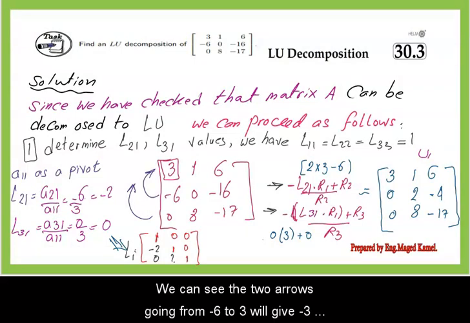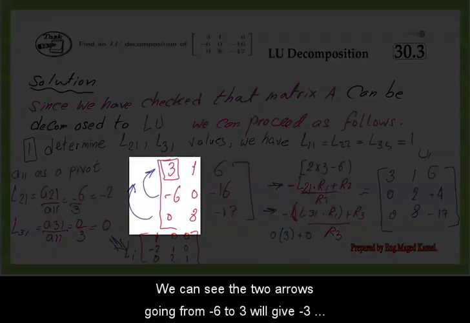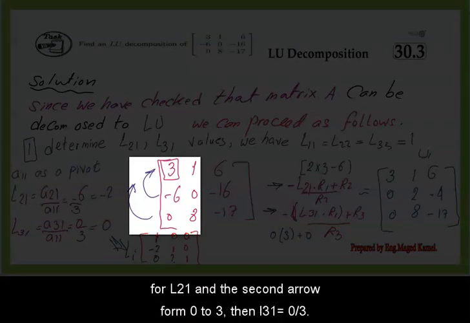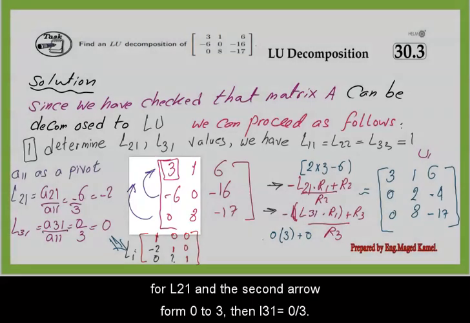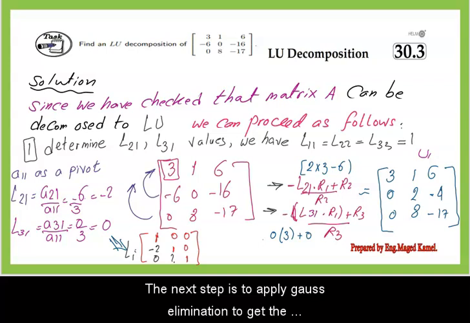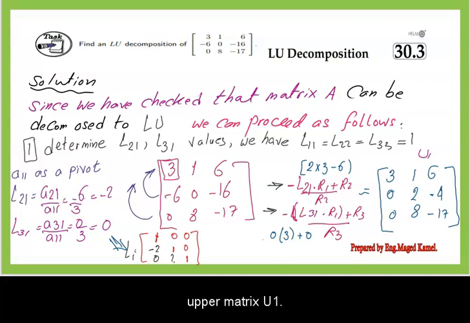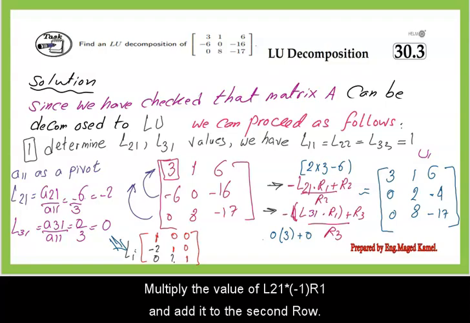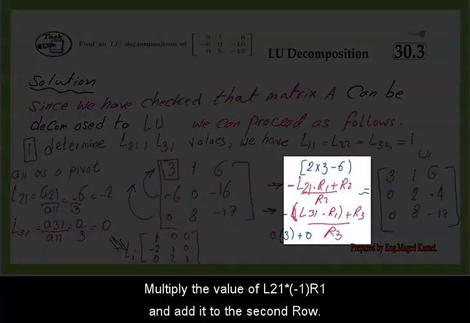We can see the two arrows going from -6 to 3. Divide -6 over 3, this would give -2 for L21, and the second arrow goes from 0 to 3, then L31 will be equal to 0 divided by 3, equal to 0. The next step is to apply Gauss elimination to get the upper matrix U1. Multiply the value of L sub 2,1 by -1 by R1 and add it to the second row.